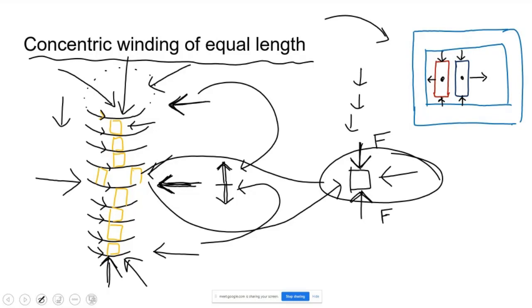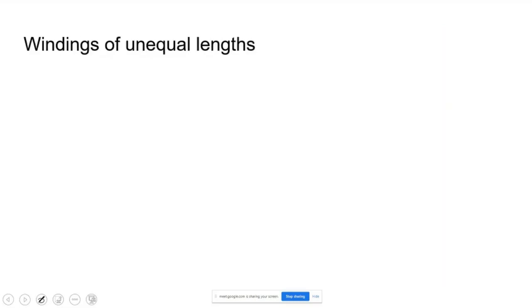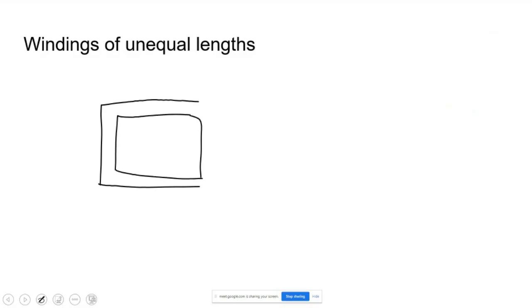Now the next one: let us consider windings of unequal lengths. For example, consider the winding.